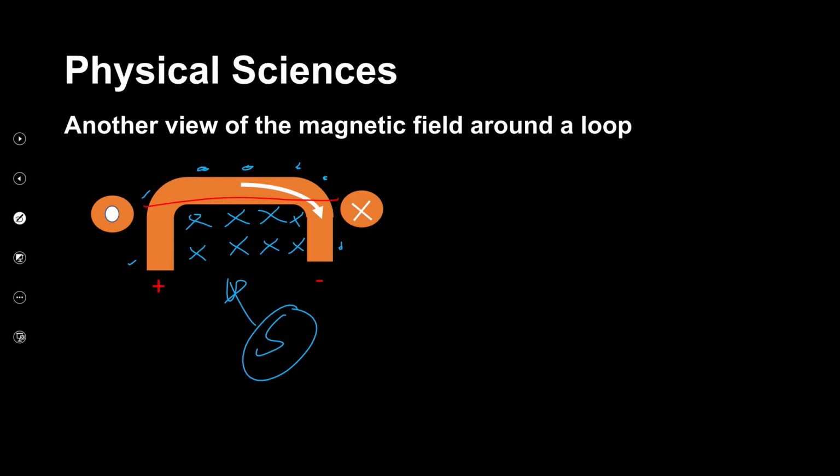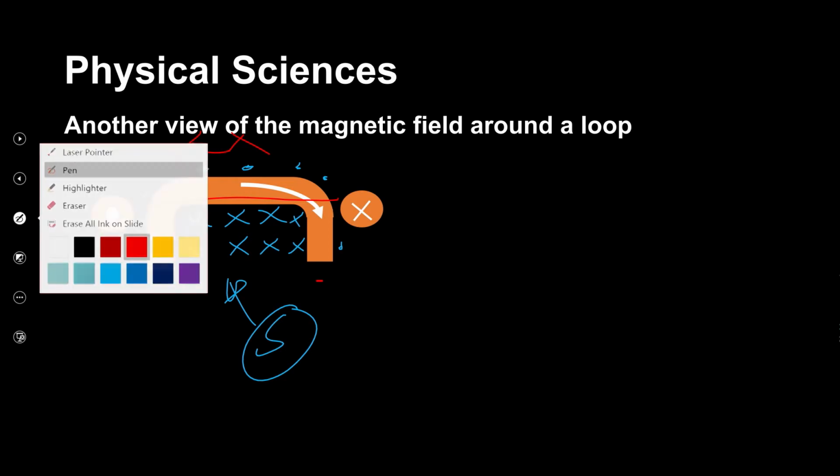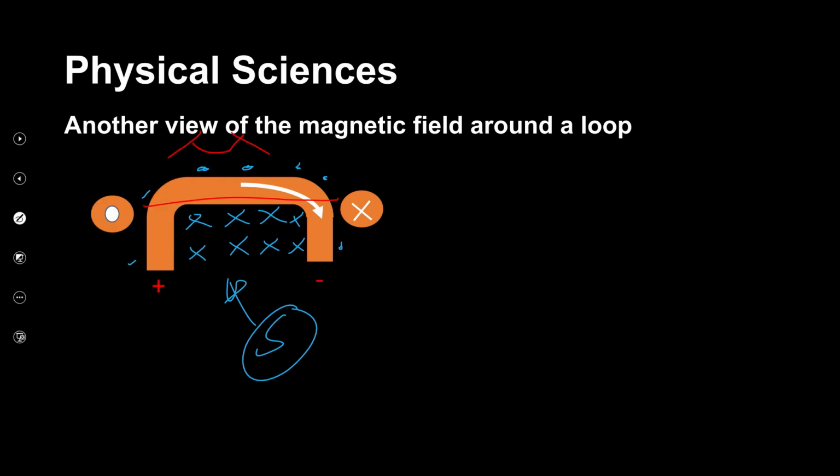And now we looked from the top. Looking down over here, we'd recognize that at this point, from the positive, the current is coming up over here. So we've represented the direction of the current in that position as a loop with a dot in the middle.